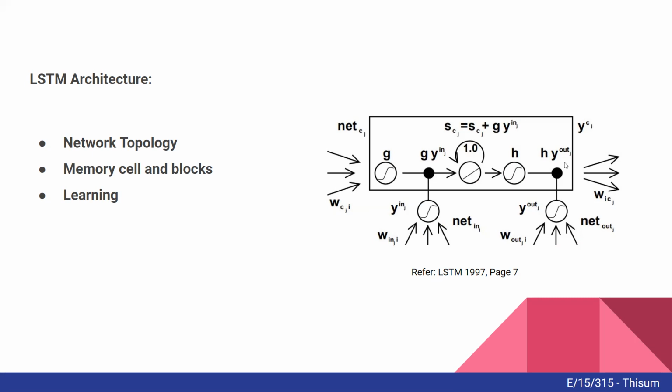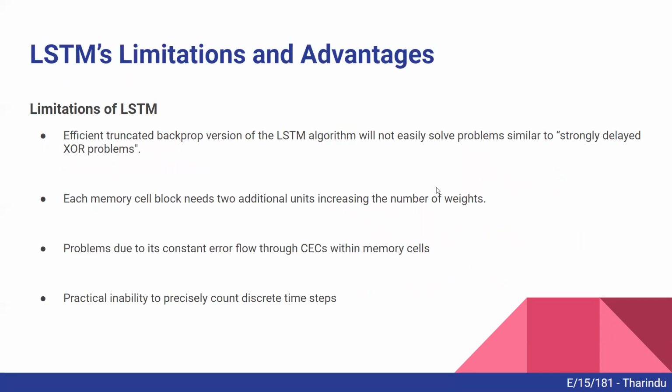However, to ensure non-decaying error backprop through internal states of memory cells, as with truncated backpropagation through time, errors arriving at memory cell net inputs do not get propagated back further in time, only within memory cells. Errors are propagated back through previous internal states.